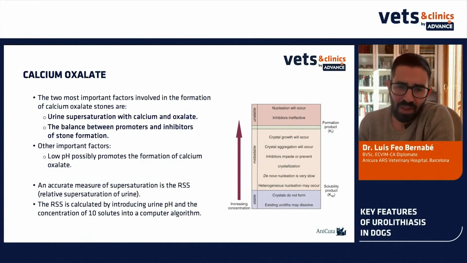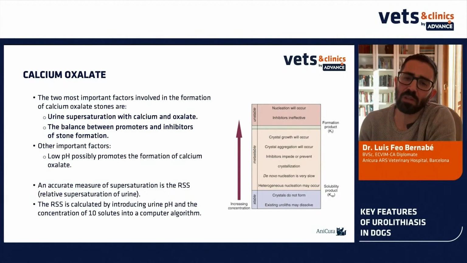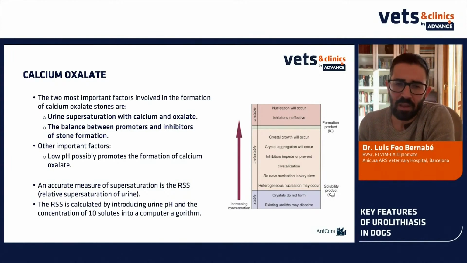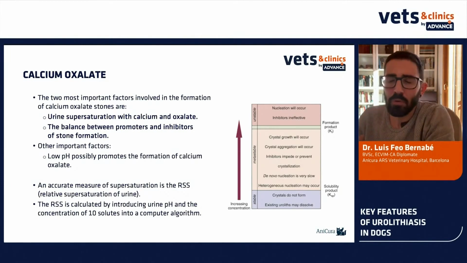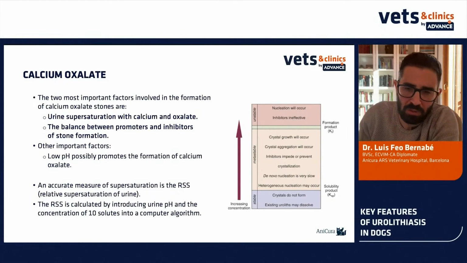This index is calculated by introducing urine pH and the concentration of 10 solutes into the computer algorithm. I don't think you need to know much more detail about that, but it's important to remember because in calcium oxalate it's probably a little bit more important compared to the other ones. But actually, it's important in all the stones.